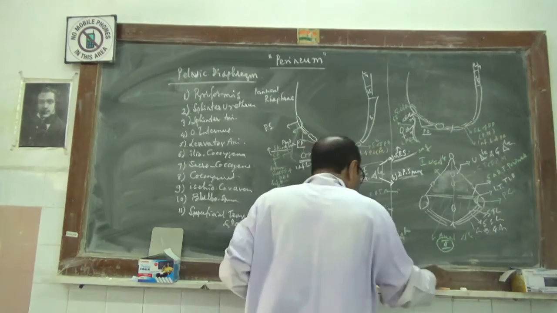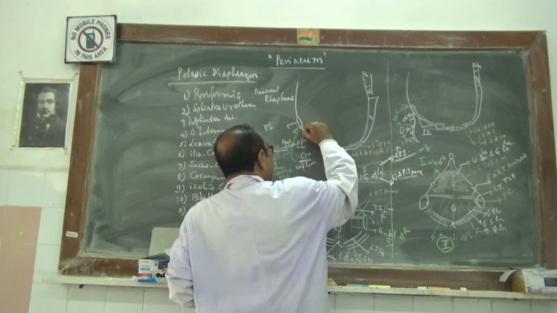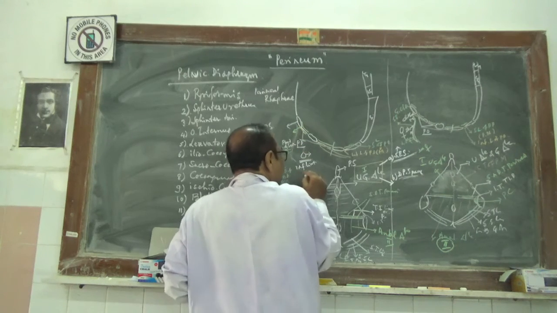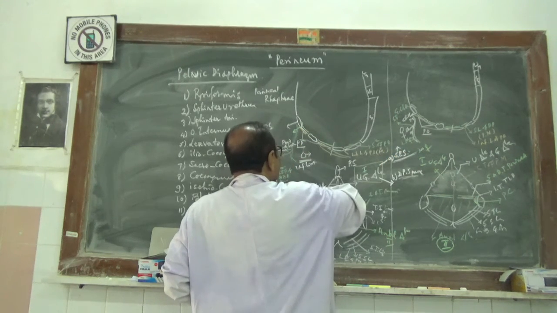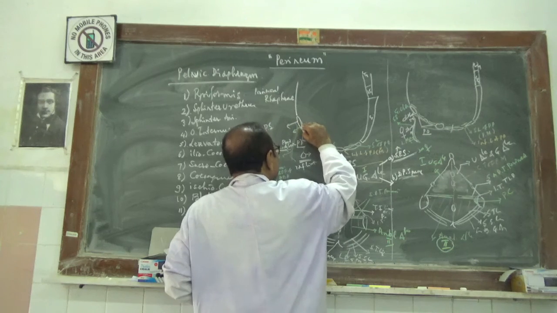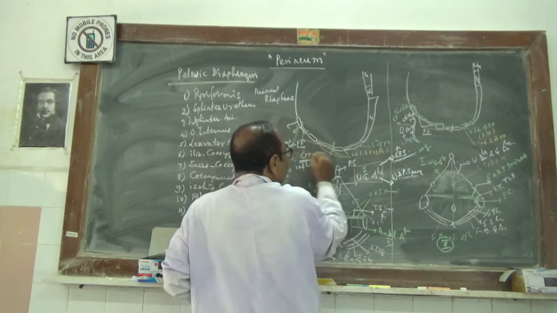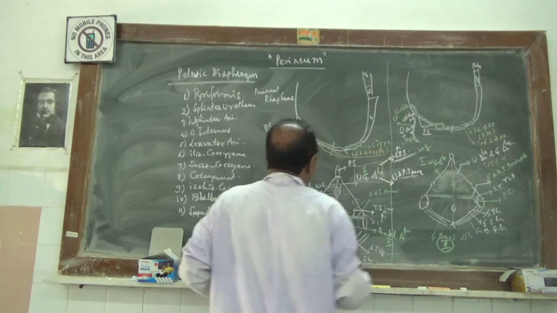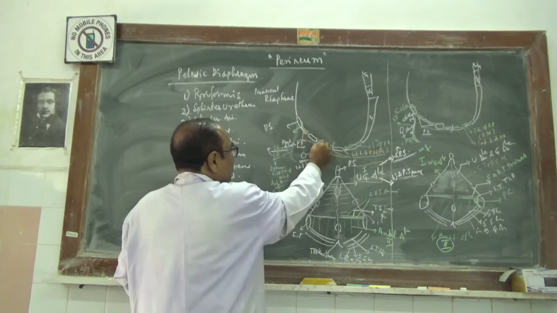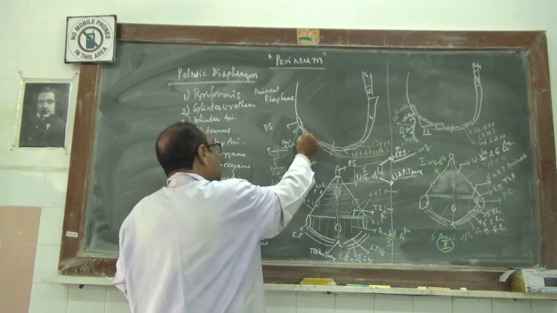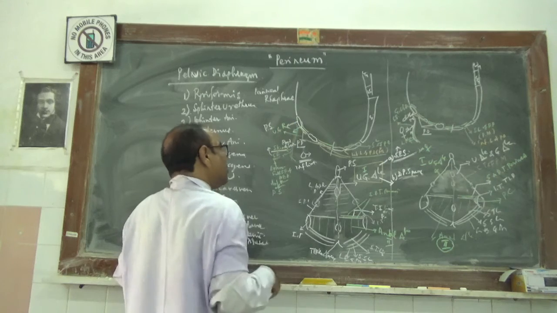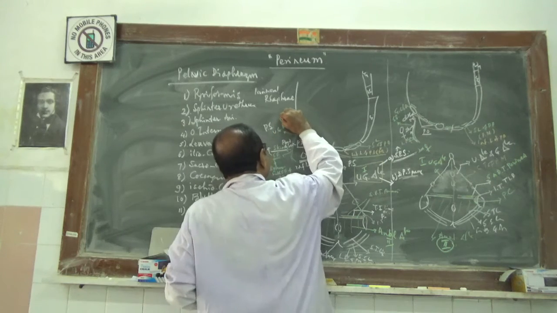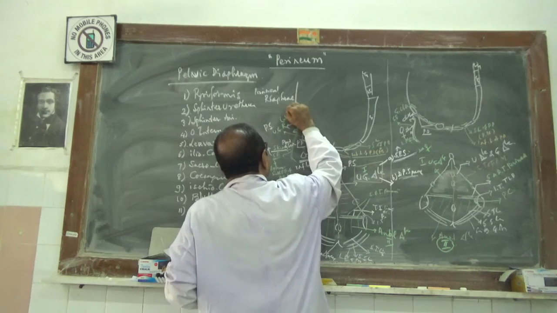Now, what is the superior limit? The superior limit of the superficial perineal space in male is nothing but the inferior layer of the pelvic diaphragm, which is restricted to the urogenital region. So it is called the inferior layer of the urogenital diaphragm.